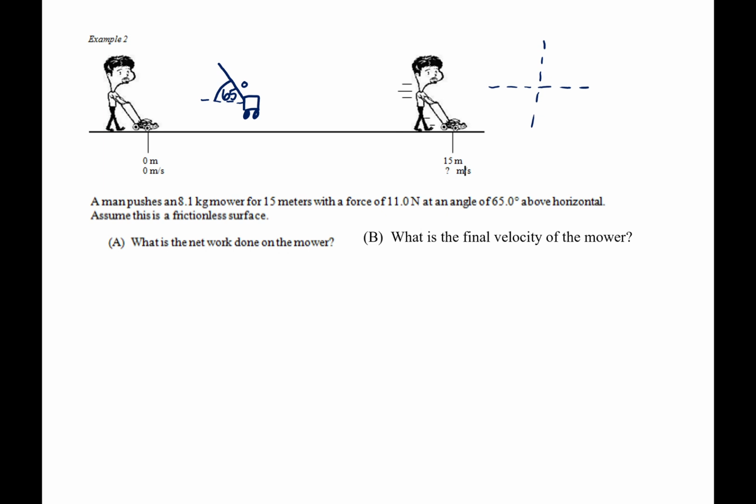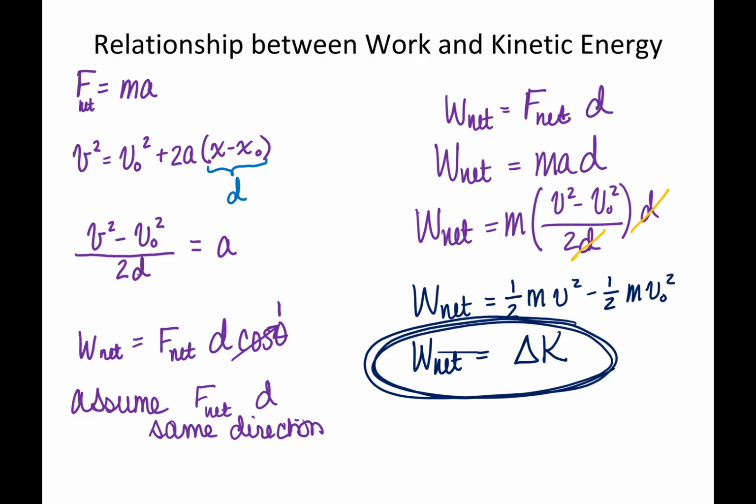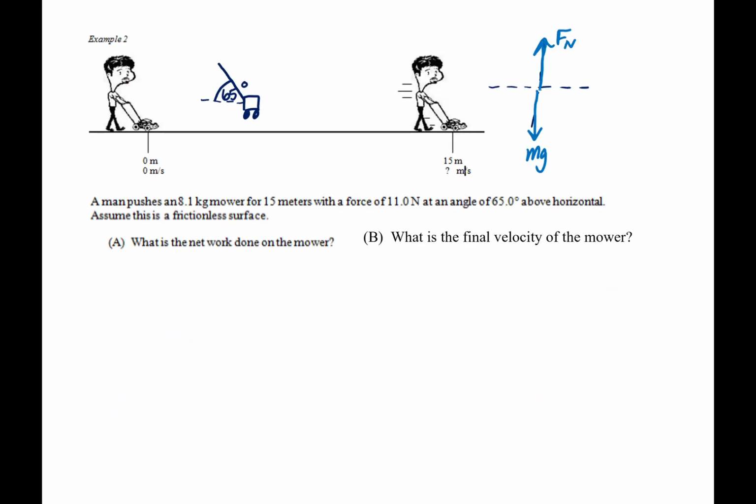So what are my forces? I've got gravity going down, I've got a normal force going up, and I've got this push. And this push is going down and to the right, so it's going to be over here in the fourth quadrant. And it said it was 65 degrees above the horizontal.